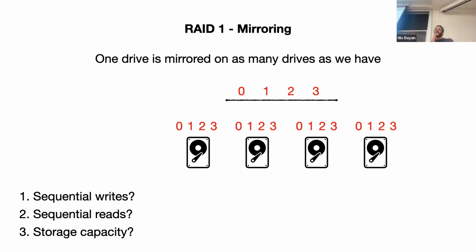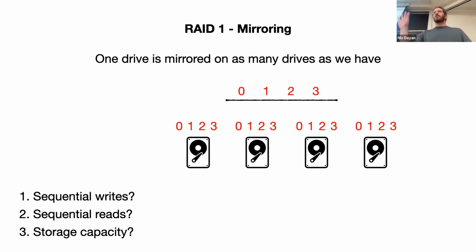Okay. So that's a nice intuition, but actually reads can be faster. Exactly. So sequential reads can still benefit in terms of bandwidth from the combined throughput of all the different devices, even if writes cannot. Okay, an interesting subtlety.